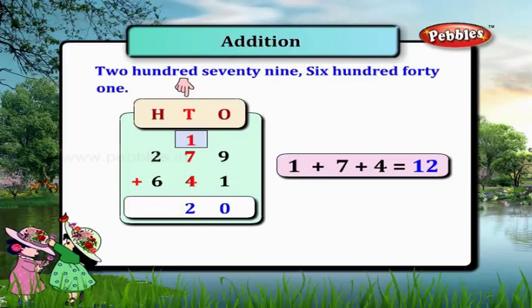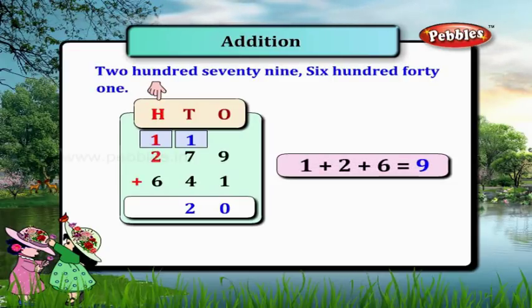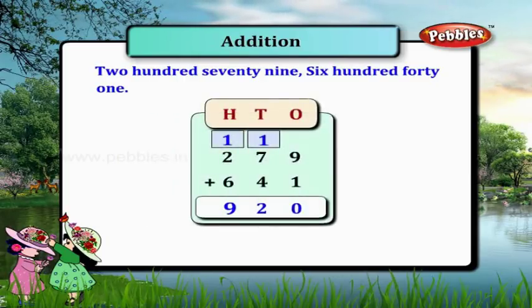Write 2 in the tens column and carry over 1 to the hundreds column. Add the hundreds. 1 plus 2 plus 6 is equal to 9. The total is 920.